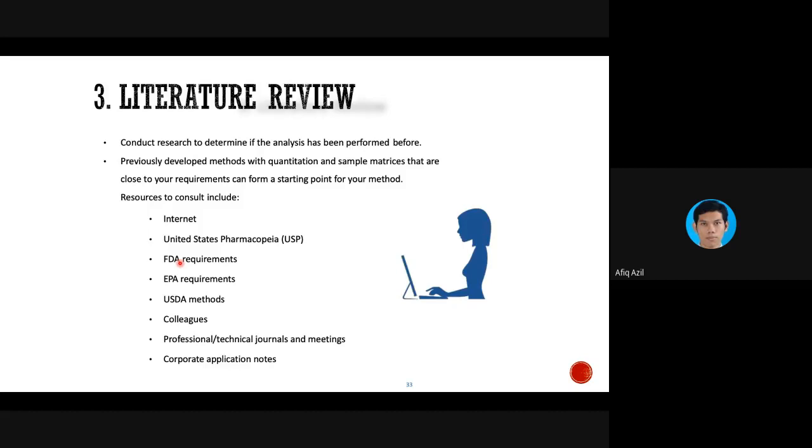They will also have guidelines on what is allowed and what is not allowed, and let's say the limit of certain parameters, for example, for your test. So that has to be taken into account as well.